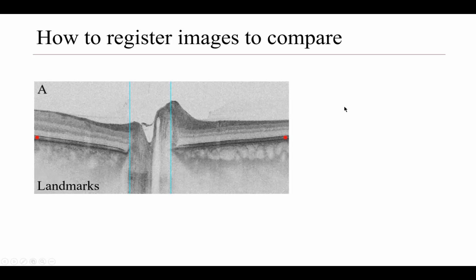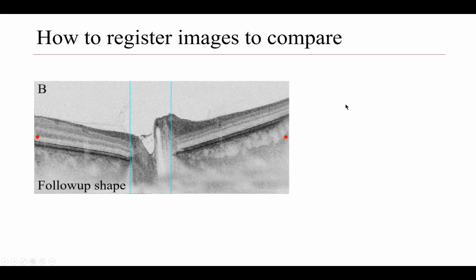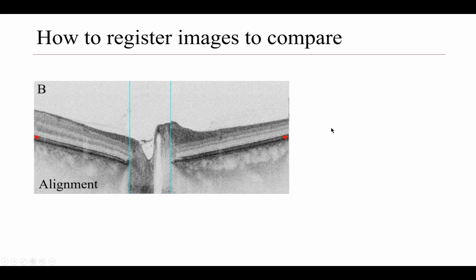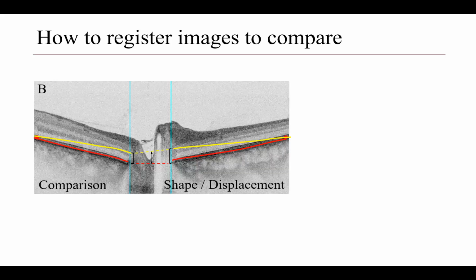Now we take our second image, which usually is not going to fit exactly the same way as the baseline image, and you'll have to do a little translation and rotation to align them to the landmarks and the BMO. Now you can sit there and compare the two shapes, and you can see that there is a difference in the configuration. You can measure the amount of displacement. You can take the average displacement at the center of the BMO.